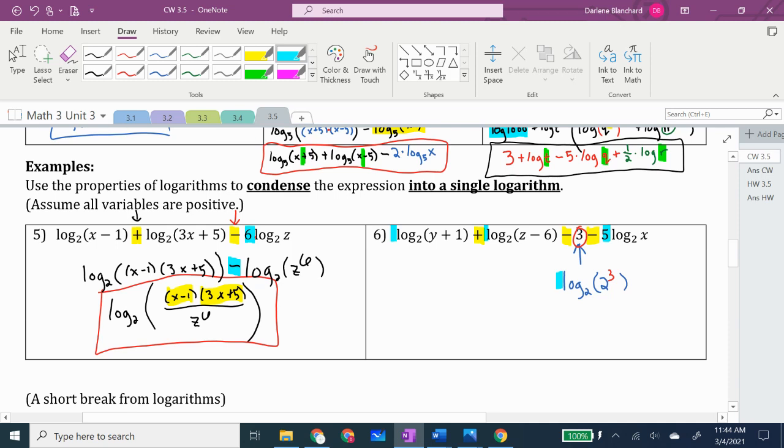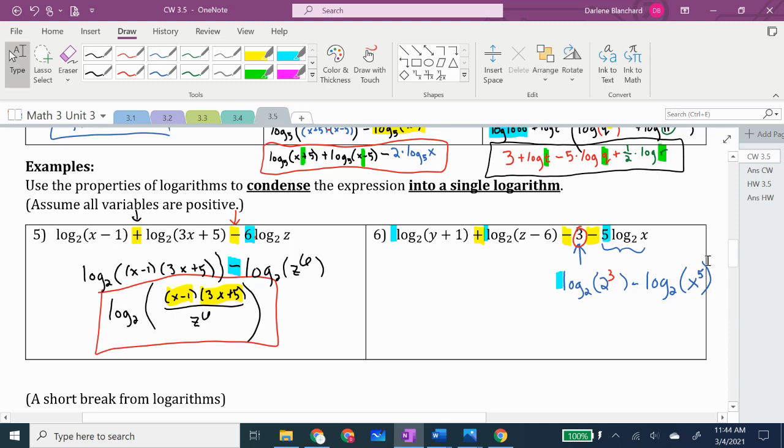So I'm going to focus on that 5 needs to become an exponent before that particular logarithm can join the bunch and condense with them. And so inside the logarithm, I have x to the power of 5.